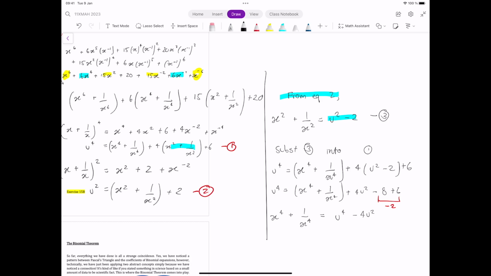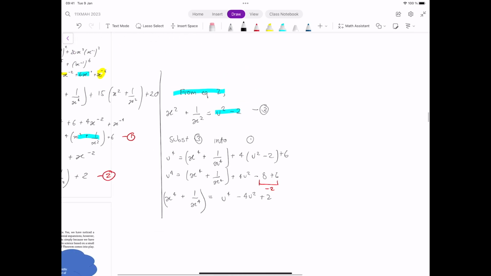So we're going to have down here a plus 2. Okay. So therefore we know that 1 on x squared plus x squared is equal to u squared minus 2. And x to the power of 4 plus 1 on x to the power of 4 was equal to u to the power of 4 minus 4u squared plus 2.